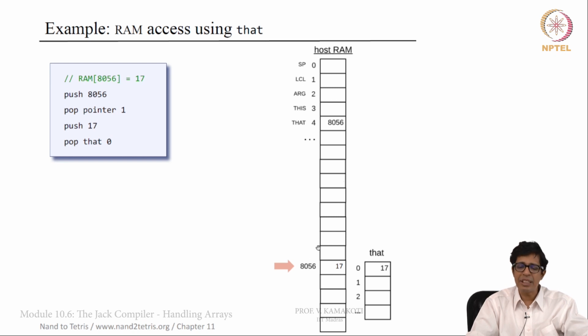Now, I say push 17, 17 goes onto the top of the stack, and then pop that 0, which means 8056 plus 0, which is 8056, gets 17. So essentially I have made RAM of 8056 as 17. There is a small correction here: this need not be the top of the stack. This arrow basically shows where 8056 is.